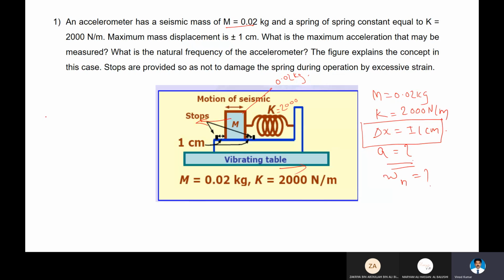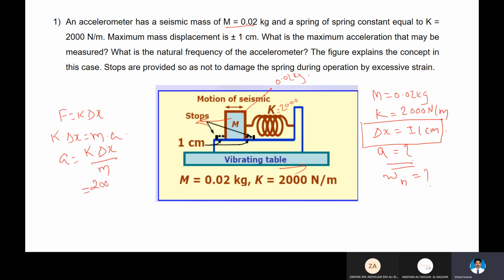We know that force is equal to K times delta X, spring principle. K is the spring constant and delta X is the displacement, equal to mass times acceleration. Here acceleration is equal to K times delta X divided by mass.